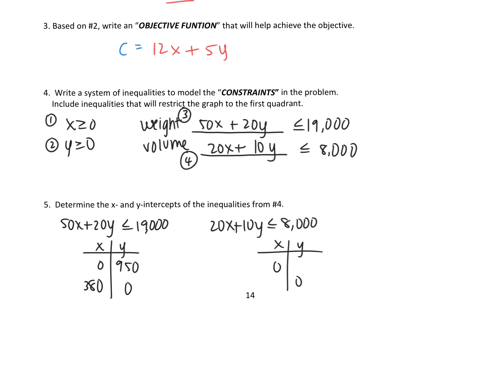Likewise, on the second one, if we put in a 0 for x, we get y to be 800. If we put in a 0 for y, we get x to be 400. Okay. Questions so far?